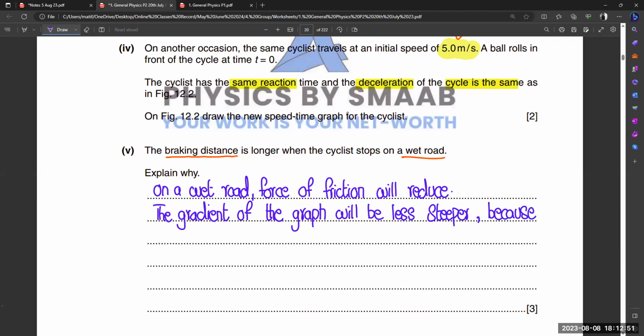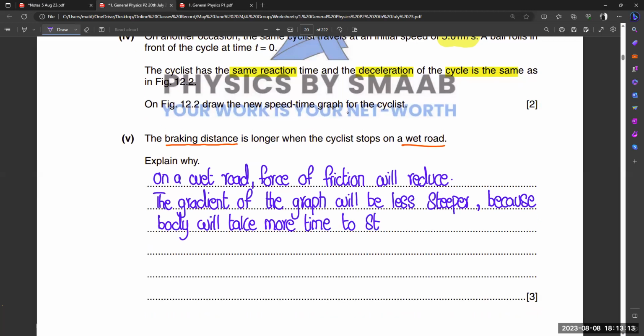Any other point that you want to mention? Okay, in the factors of the braking distance, we discussed that the wet road or the condition of the road is also a factor that increases the braking distance, right?